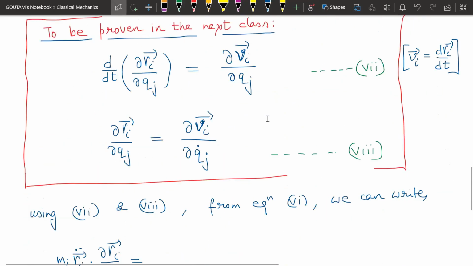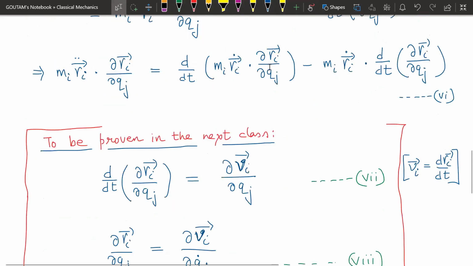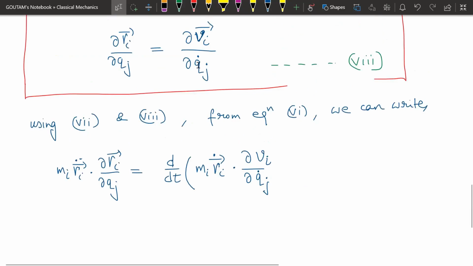So d/dt of mi ri dot, dot product del vi del qj dot. Del qj dot means the time derivative of qj, dqj/dt.